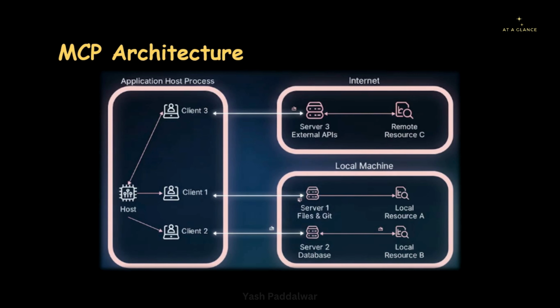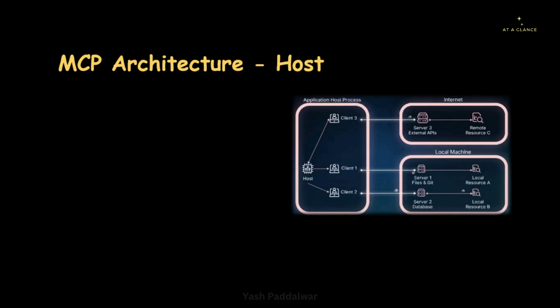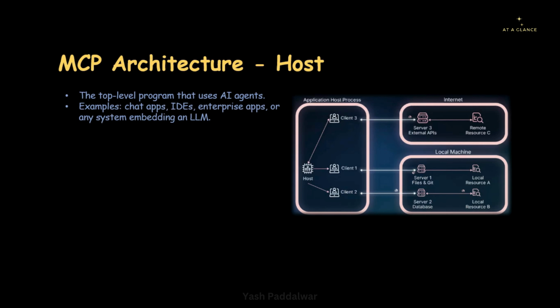So let's have a look at each of the stages in MCP architecture one by one, starting off with the host. A host in MCP architecture acts as a top-level program which uses the AI agents. You can think of any host as an application, an IDE, which is used as an interface for the user.